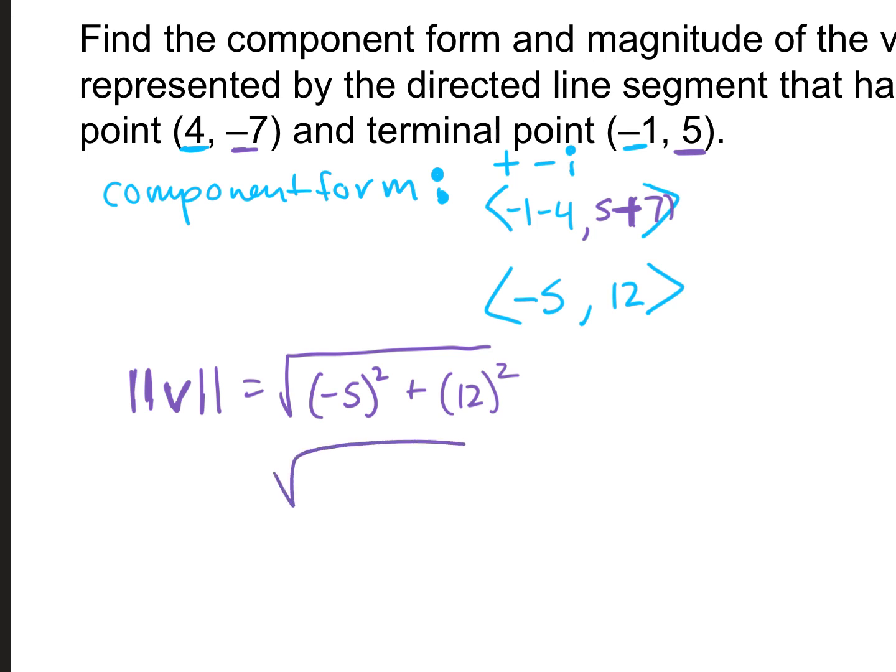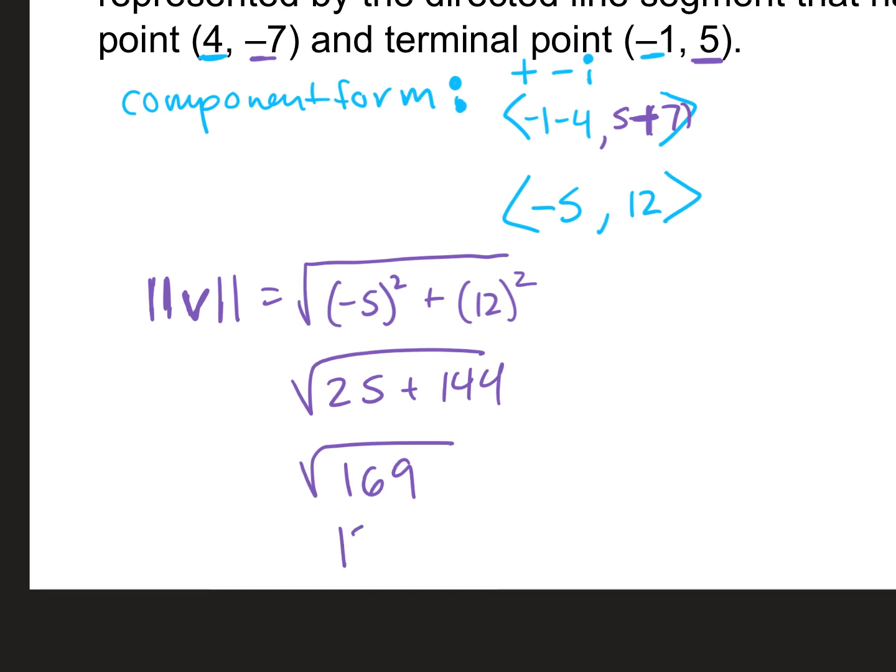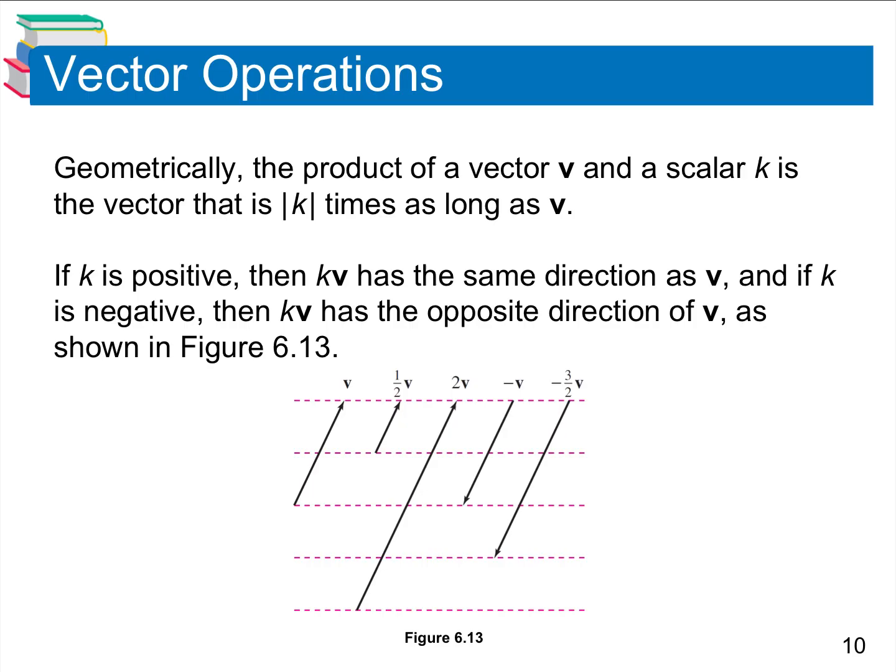So this would be the square root of 25 plus 144. So the square root of 169, which is 13. So our magnitude is 13. Let's say if we were to write our final answer with that, you got to put it somewhere so I know that that 13 is talking about the magnitude.